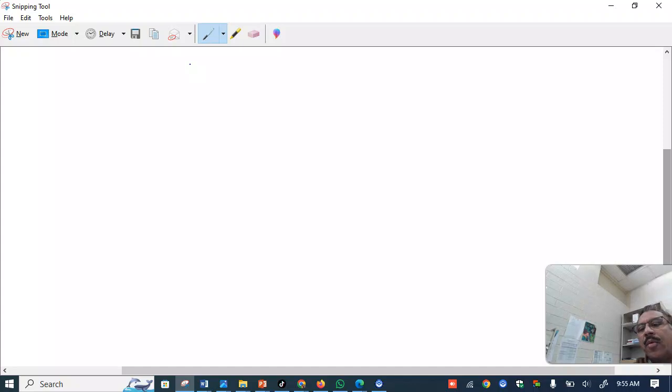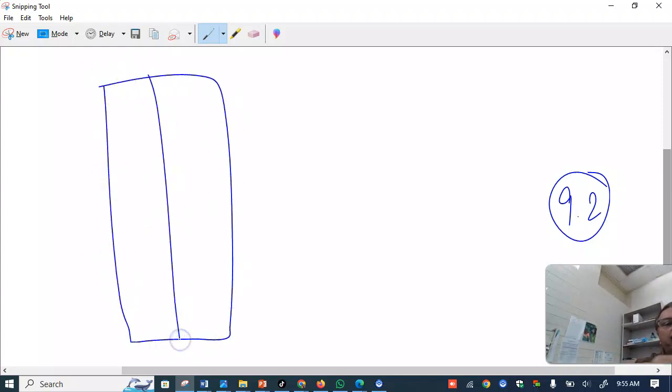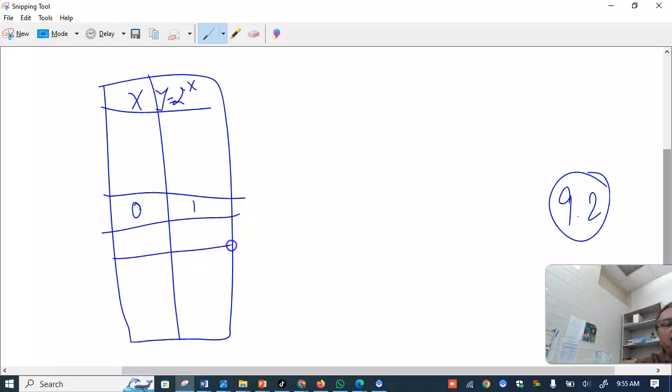So before we do 9.2, I will just give you a brief background of what we learned in lesson number 8. If you remember lesson number 8, we had a table like this. With x and 2 raised to x, the output y is 2 raised to x. When you put 0, we got 1. When it was 1, it was 2 raised to 1 is 2.